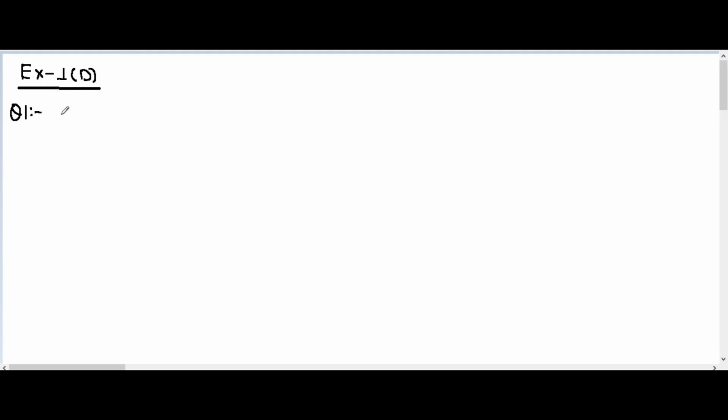log 6 plus log 5 is expressed as... so log of 6 plus log of 5 is equal to log of 6 into 5.